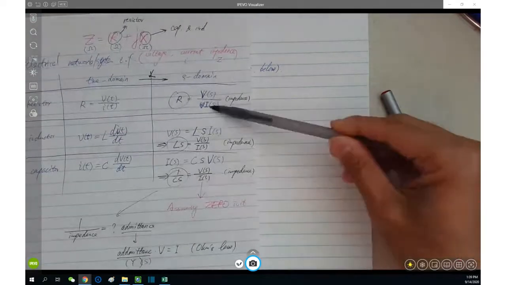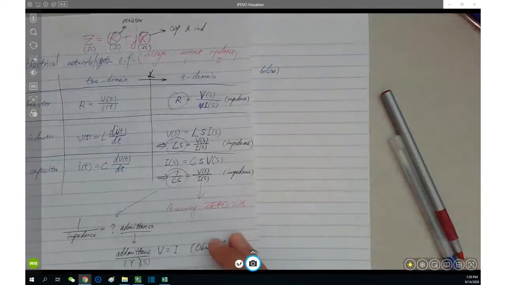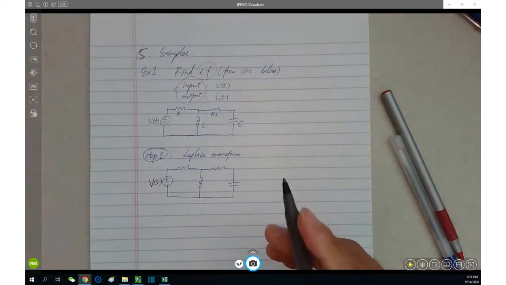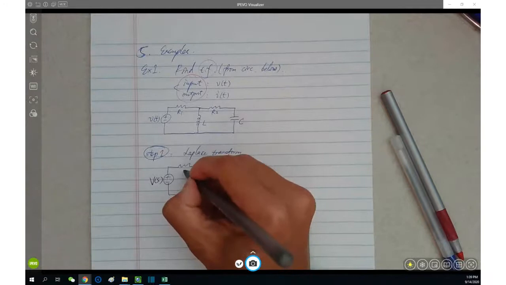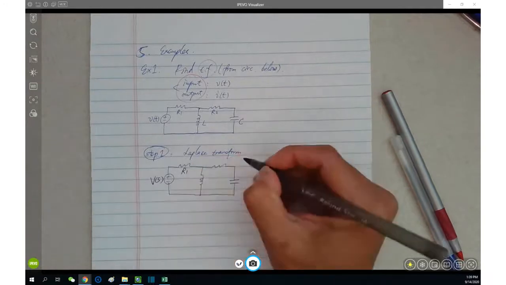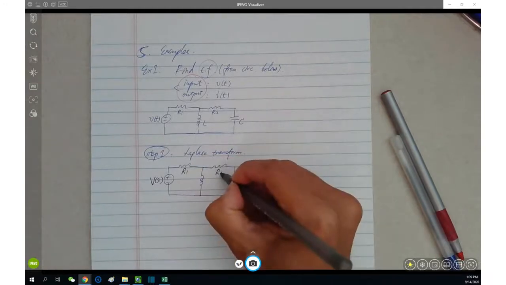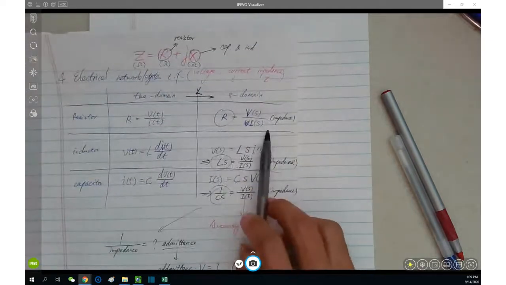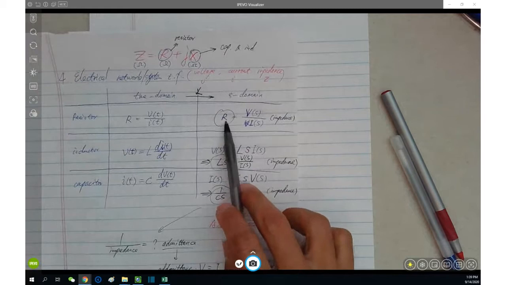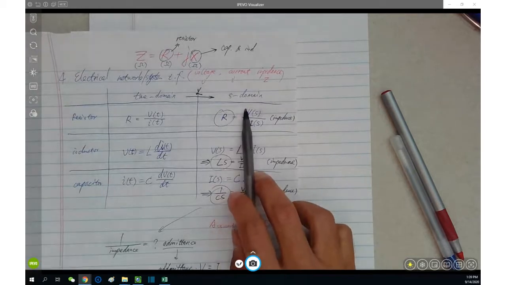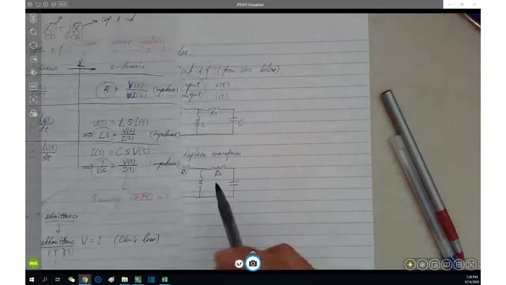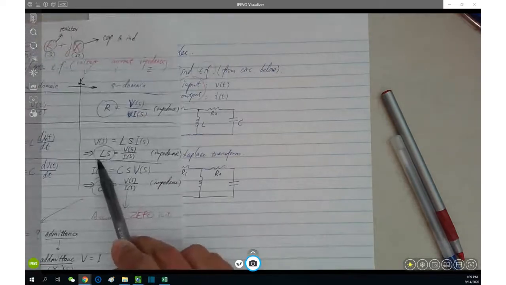We convert everything, RLC, to what? Impedance. Impedance of R1 is what? R1 itself. Impedance of R2 itself. Because going back to this table, the impedance of the resistor is just the resistance itself in the frequency domain. L, what is the impedance of L? LS.